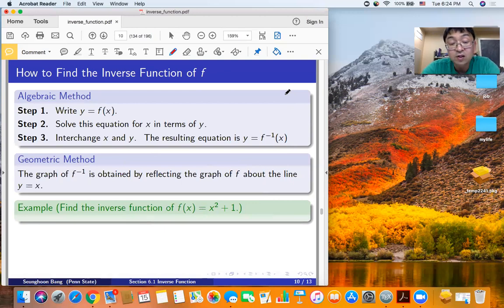If function f has an inverse function, you can find it. If it doesn't have one, you don't need to find it. So what's the answer? No inverse function. Why not?